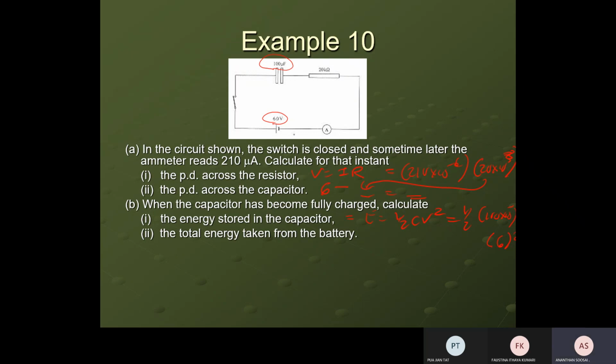Last one: what is the total energy taken from the battery? Whatever energy you got in part 1, times 2, gives the total energy released by the battery. The energy released by the battery is 2 times greater than the energy stored by the capacitor.